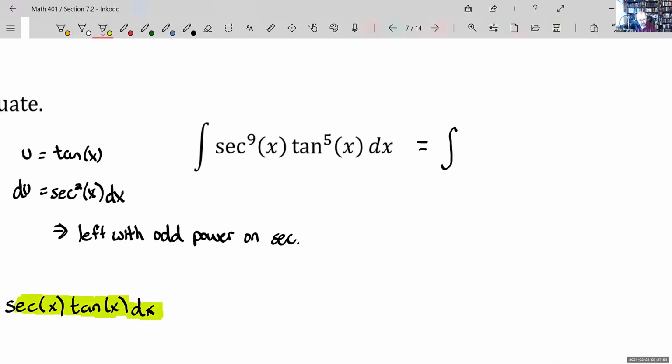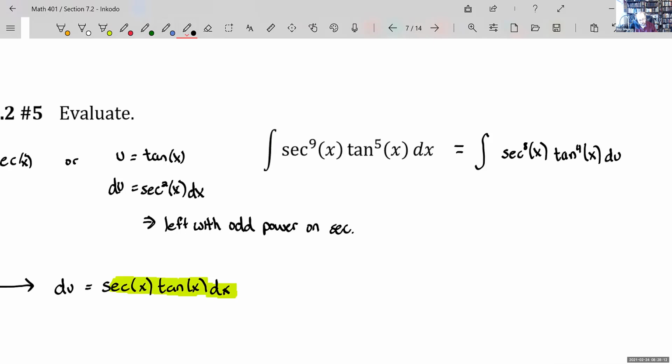So let me at least start there. I'm going to steal away a power of the secant, a power of the tangent. So I have a secant to the 8th of x and a tangent to the 4th of x. And the dx gets stolen away as well. And that gets stolen away all for a du.